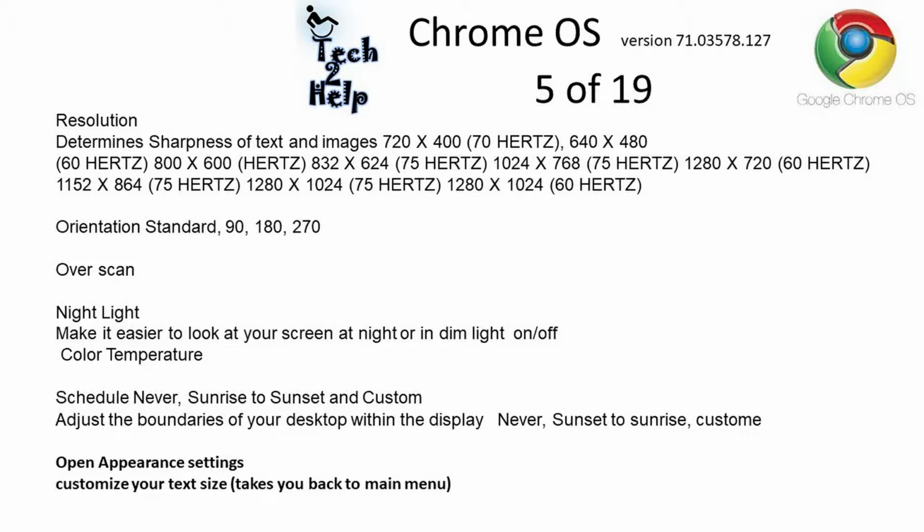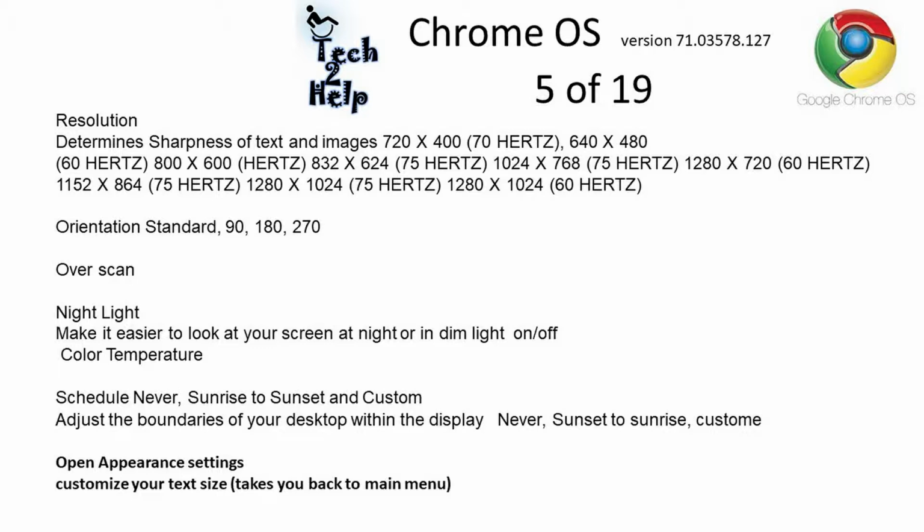Determines sharpness of text and images. 720 by 400, 70 Hz. 640 by 480, 60 Hz. 800 by 600. 832 by 624, 75 Hz. 1024 by 768, 75 Hz. 1280 by 720, 60 Hz. 1152 by 864, 75 Hz. 1280 by 1024, 75 Hz. 1280 by 1024, 60 Hz.